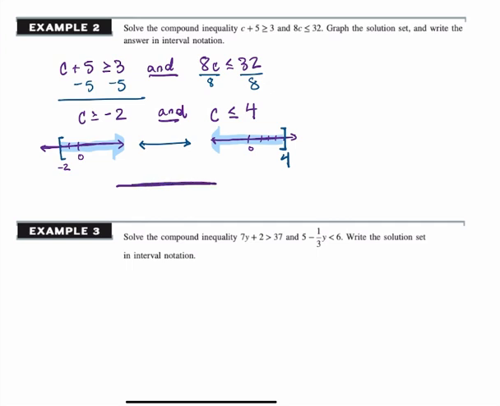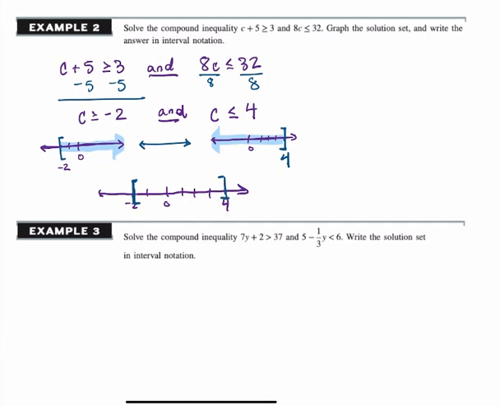So in my single number line, maybe I'll make this a little bigger. This would be 0, negative 2, positive 4. So everything greater than or equal to negative 2 and less than or equal to positive 4.